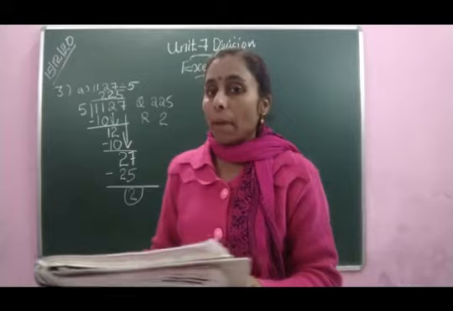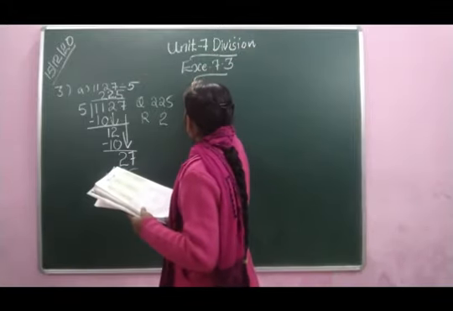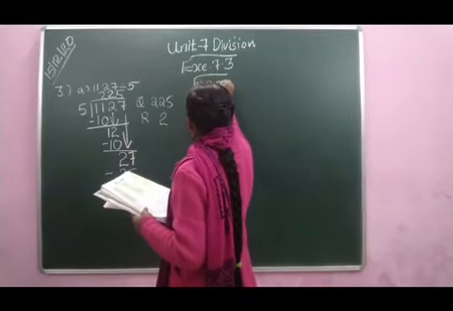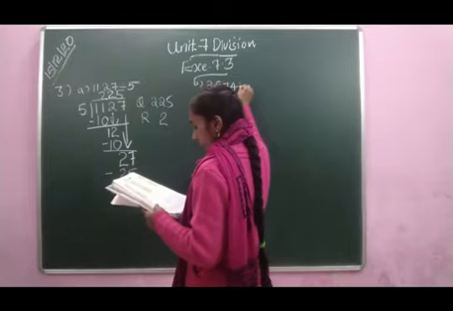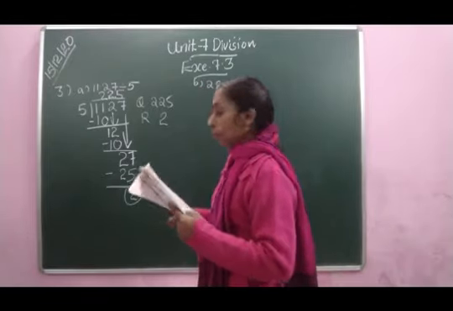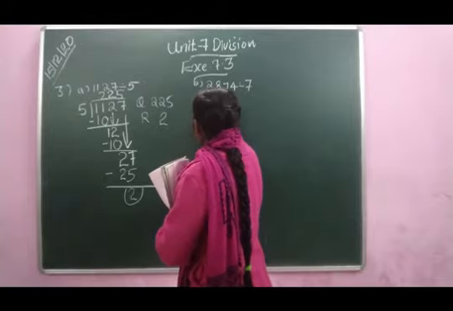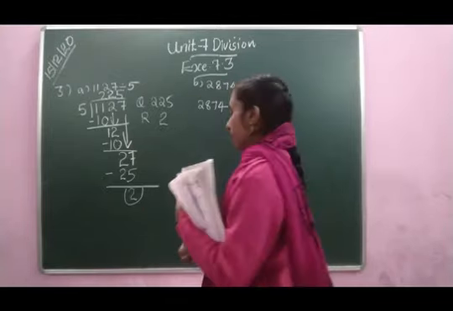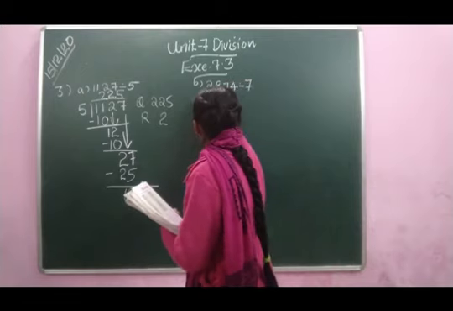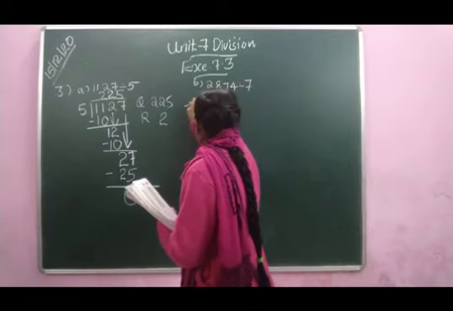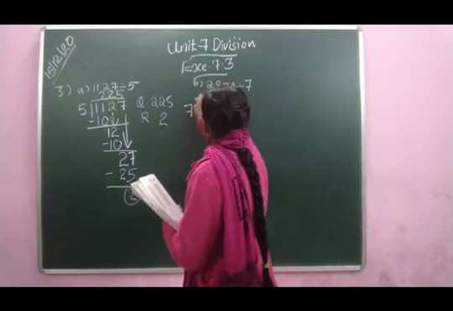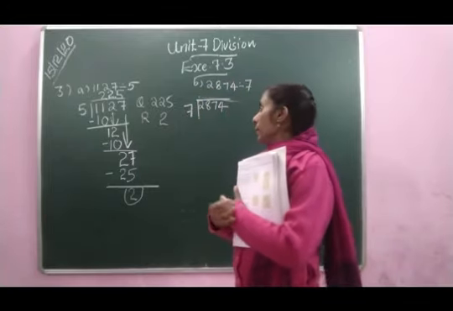2874 divided by 7, question number b. Let's see. 2874, this is the dividend, and 7 is the divisor.